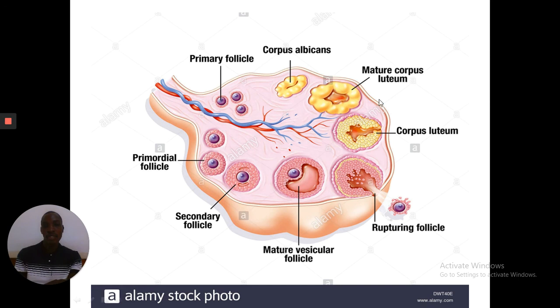And then after that, you've got the remnants of the Graafian follicle, which we call the corpus luteum, which continues secreting progesterone hormone for the next 14 days. And if pregnancy doesn't take place, then this corpus luteum starts disintegrating, and we remain with just a scar tissue, what we call the corpus albicans.